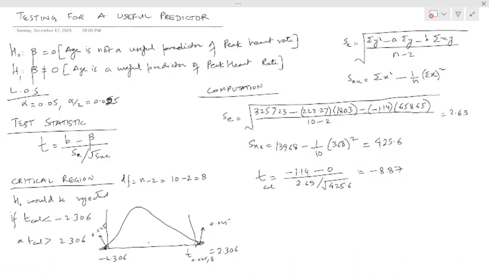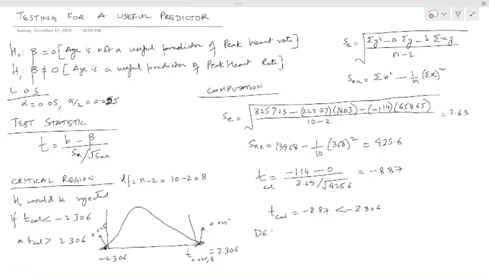The computed value of t is clearly falling in the rejection region because it is an extremely negative value, which is less than minus 2.306. T calculated is minus 8.87, that is less than minus 2.306, and this is the case of rejection.